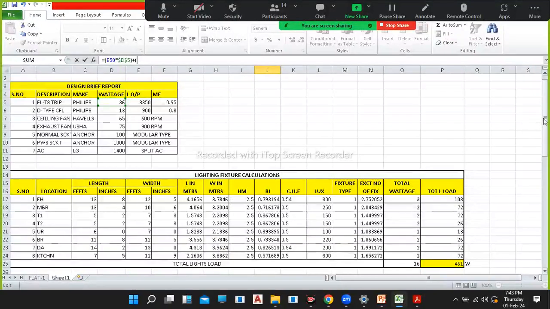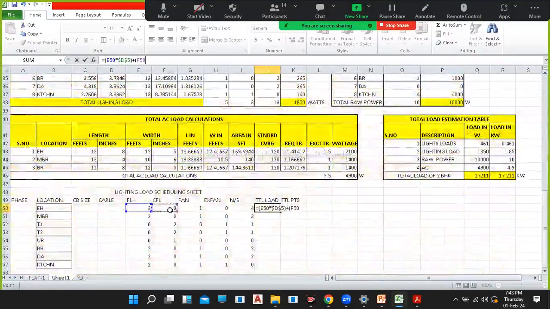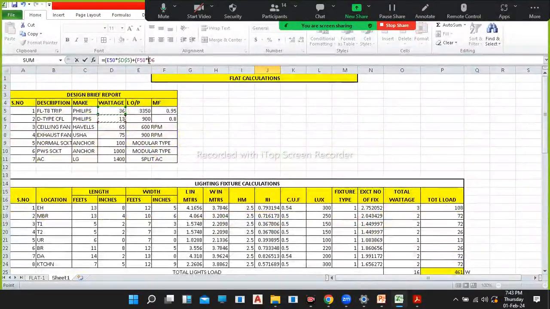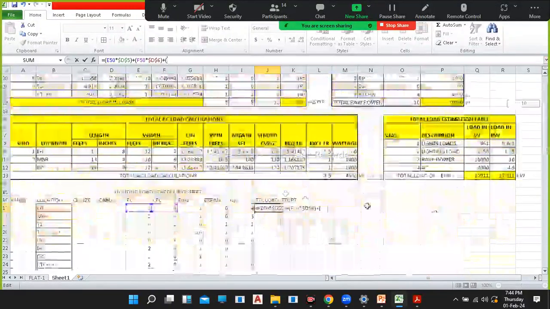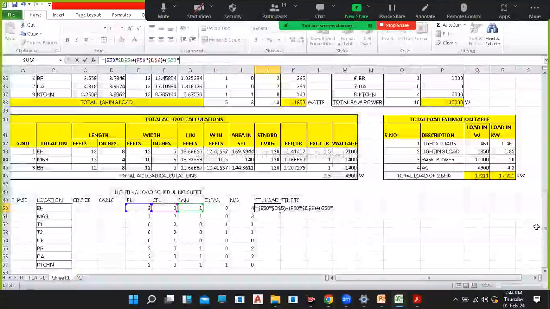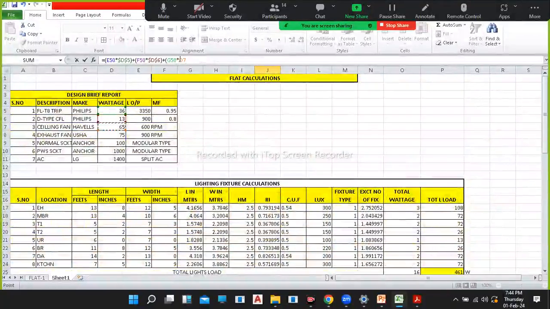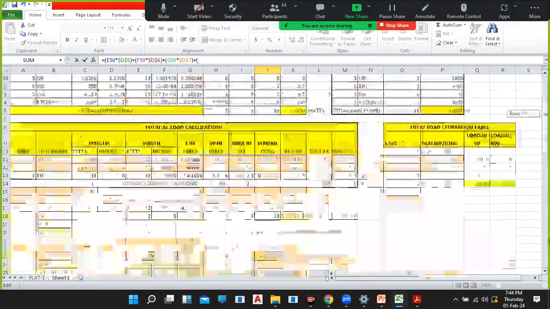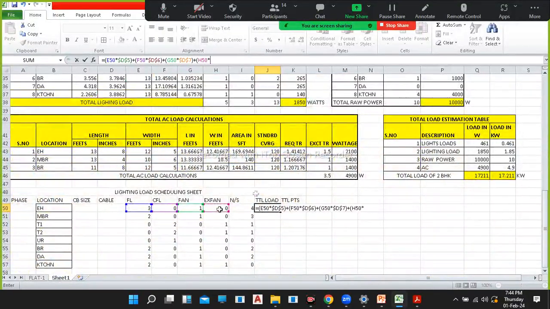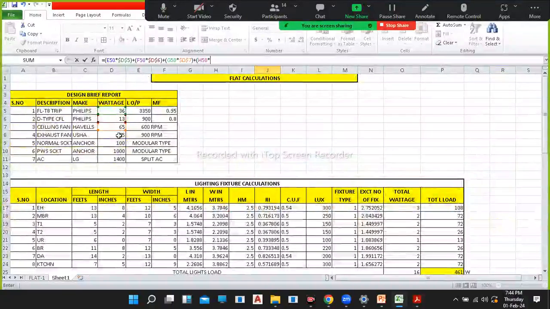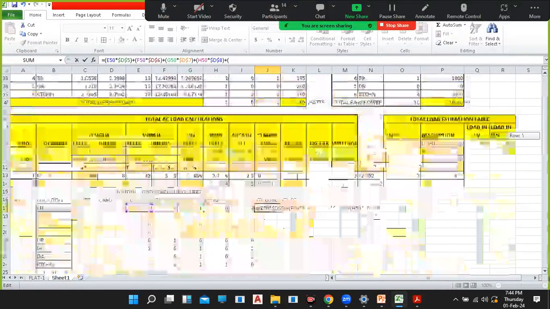FL into FL wattage, plus CFL into the CFL wattage, plus fan into the fan wattage, plus exhaust fan into the exhaust fan wattage, plus normal socket into normal socket wattage.